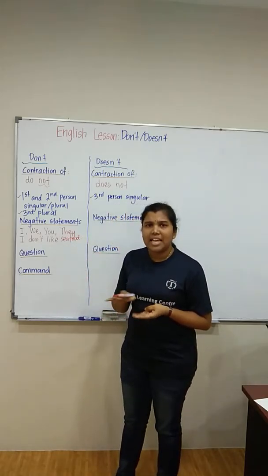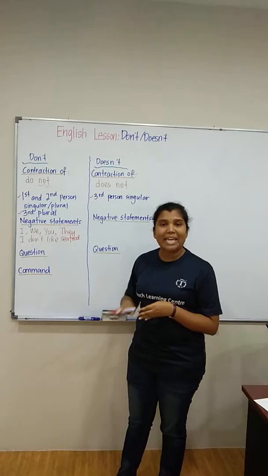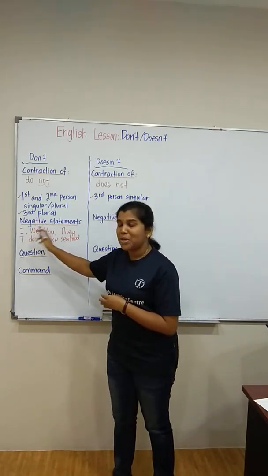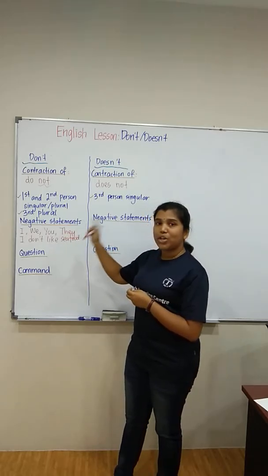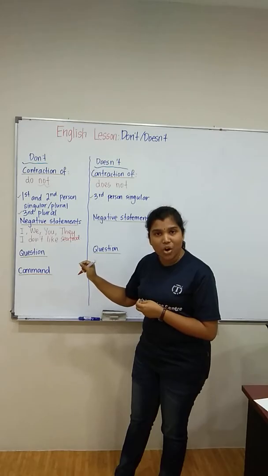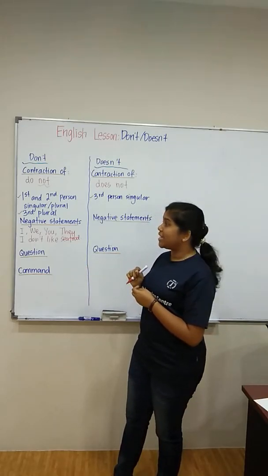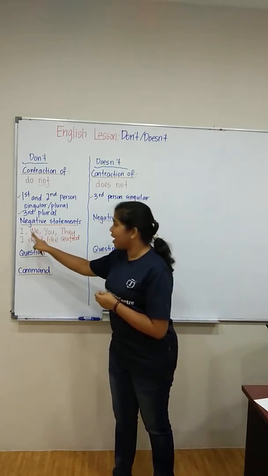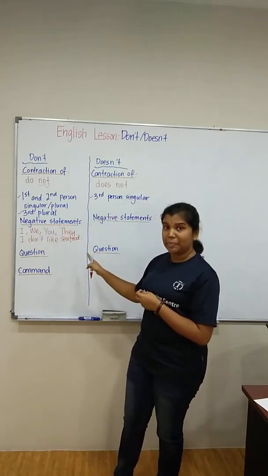Meaning I am being negative about seafood. I don't like them. I hate them. This is not something positive but something negative. So I can use don't to say something that I hate, something that I'm not keen on, something that is negative. And I cannot use do not with subjects other than I, we, you and they.